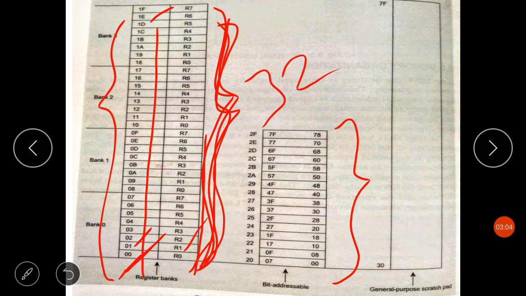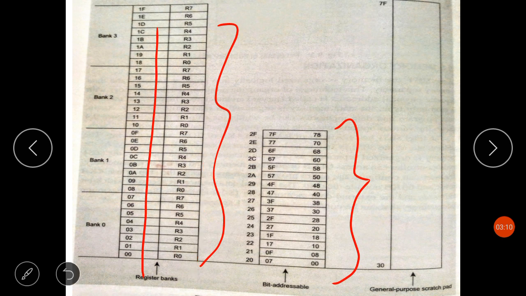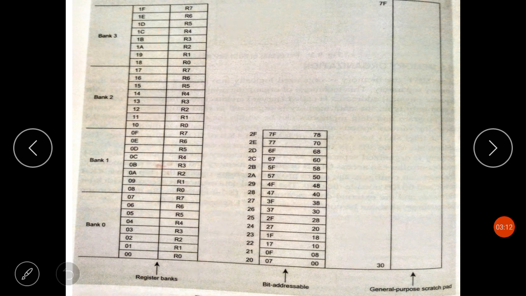Now there are two ways of addressing these registers: by their name or by their address. If I want to address a register by its name, bank 0 has registers R0 to R7, and so do bank 1, bank 2 and bank 3.